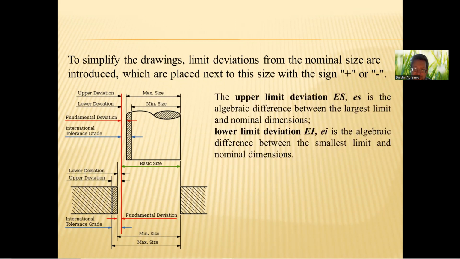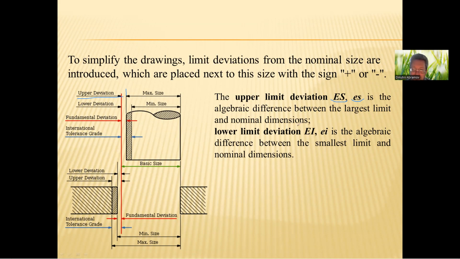The upper limit deviation, big ES for holes, small es for shafts, is the algebraic difference between the largest limit and nominal dimensions.